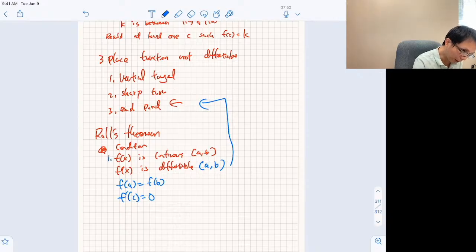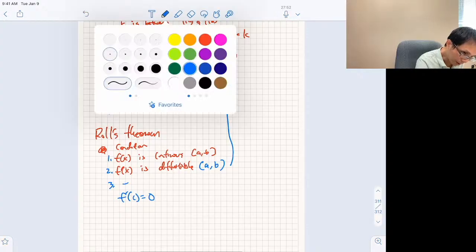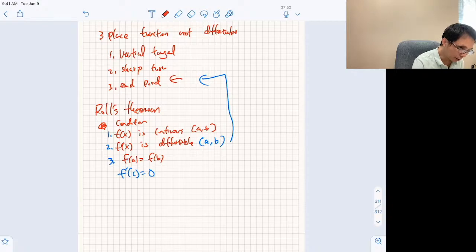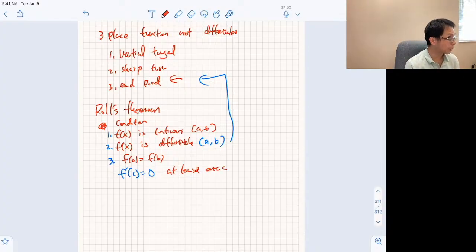So you've got 1, 2, 3, and this should be in red. There's still a condition: f of a is equal to f of b, and there's at least one c where f prime of c equals 0.